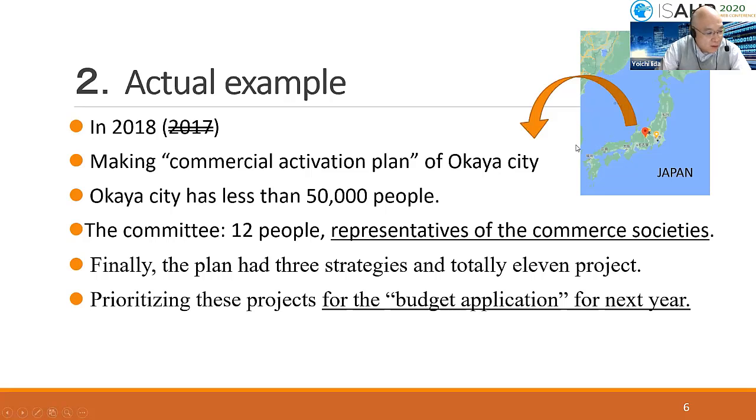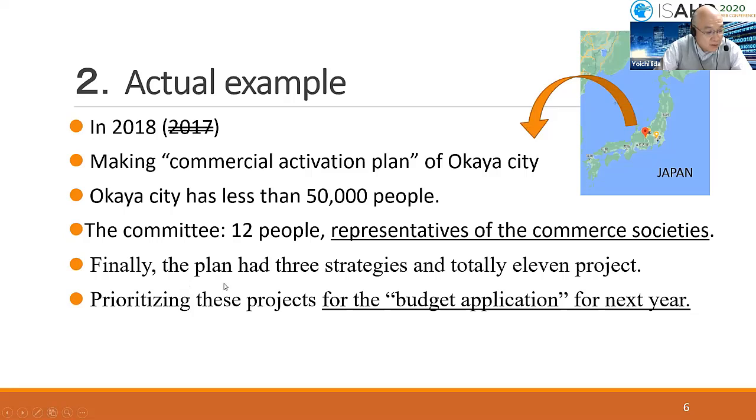The committee consisted of 12 people. Adding me, there were 13 people, not counting administrative officers. They are all residents of Okaya City and representatives of the commerce societies.